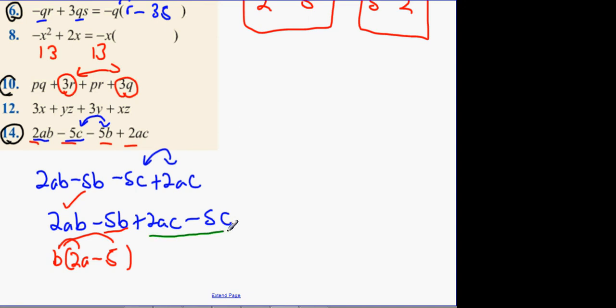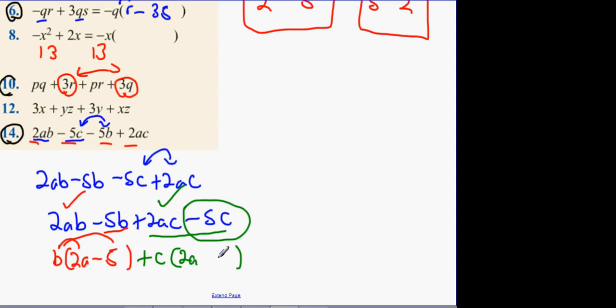Now we're on this part, Ocean. Now we're on these two. Now what can come out about this? C. Brackets. Now, just looking at this part here, Ocean, when you remove out the c, what's left? 2a. And now c multiplied by 2a is 2ac. Now looking at the full thing, minus 5c, what happens if you take out c, what's left?